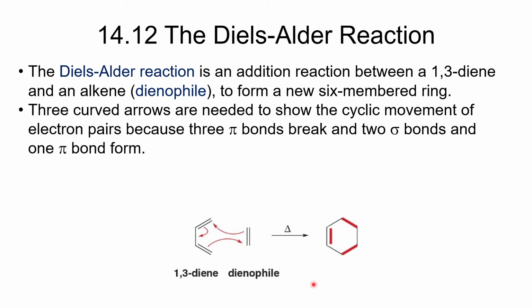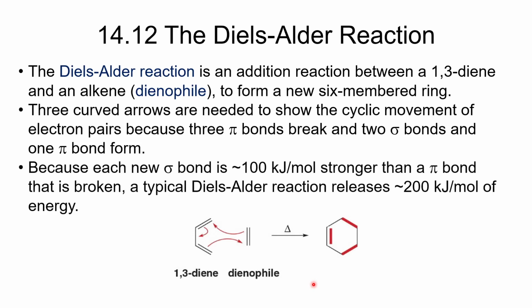Well, sigma bonds, generally speaking, are stronger than pi bonds. And that's definitely the case here. So because the sigma bonds are stronger than the pi bonds, it's going to release heat when this occurs. So we will release heat when we do this reaction. Interestingly, in addition to releasing heat, we also need to add heat to make it happen.